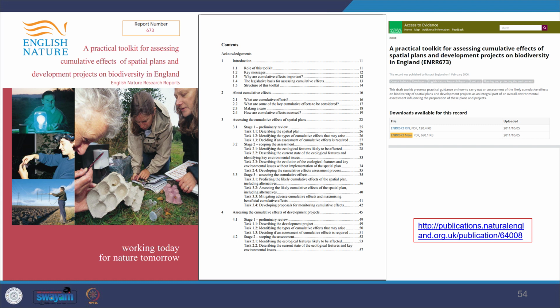It tells you about the key cumulative effects which should be considered in the case of biodiversity, and then you can see how you take care of spatial plans, what stages you follow, and it gives you the whole range of how you assess cumulative effects. So these guidelines are available for domain-specific areas.